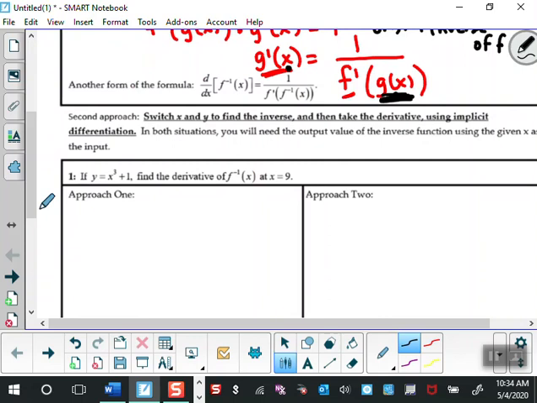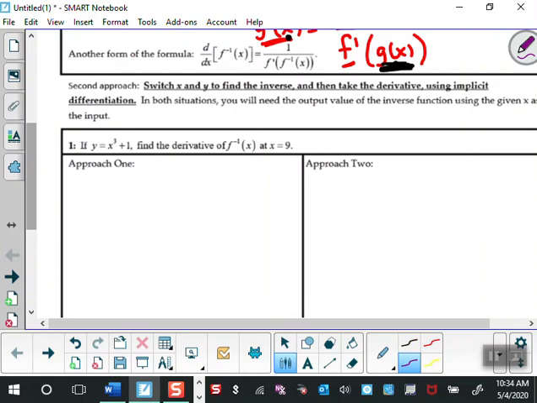This is not a great topic to do on a video, and I honestly don't think you're going to see it on a test, but just in case you would, let's take a look at it. Algebraically, this wouldn't be a problem. You don't have to know any kind of shortcuts. If you want to do an algebraic one, and this is saying find the derivative of the inverse, then create the inverse and create the derivative.